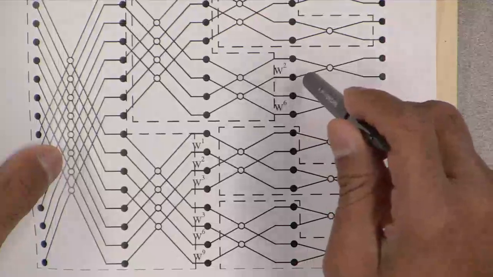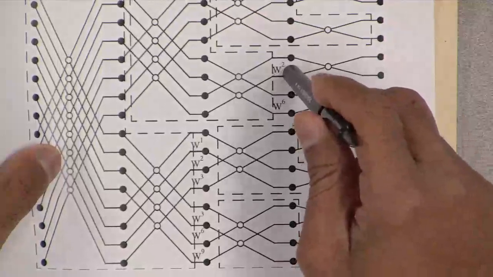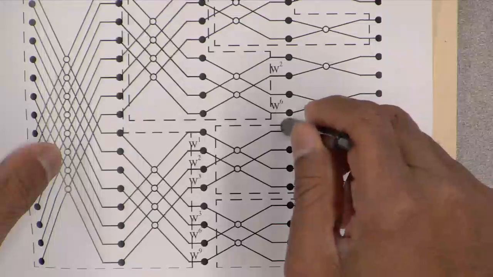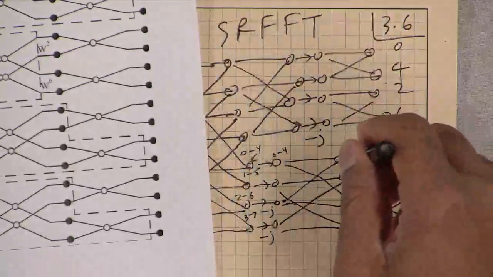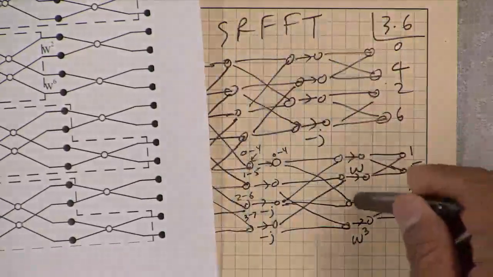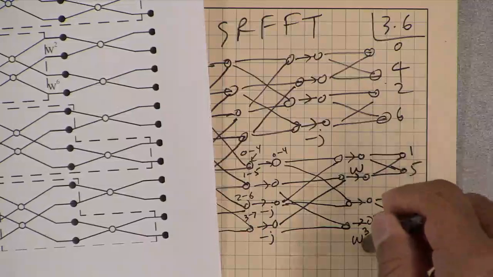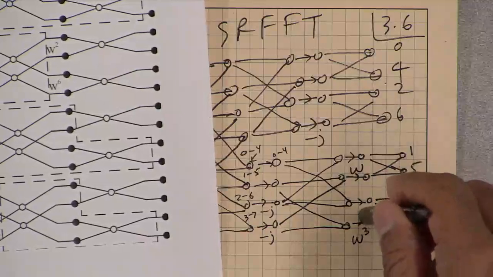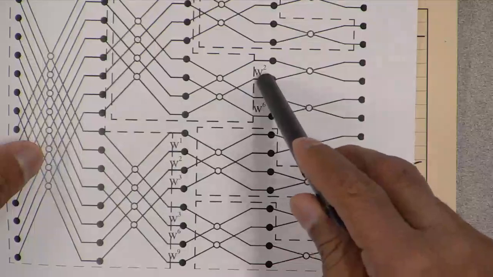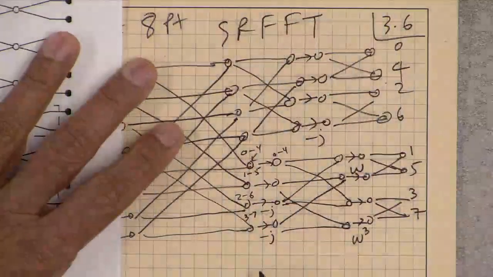If you look at why these are written as w squared and w to the power 6 instead of w and w cubed: because w and w cubed with respect to parameter 8 is the same as w squared and w to the power 6 with respect to 16.